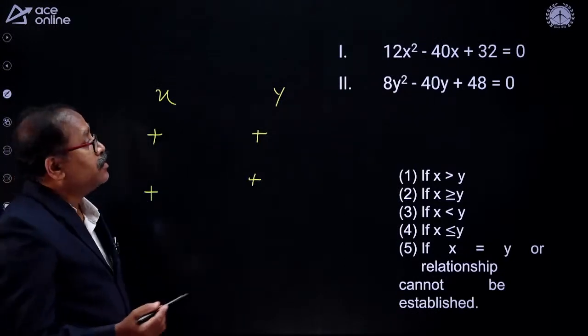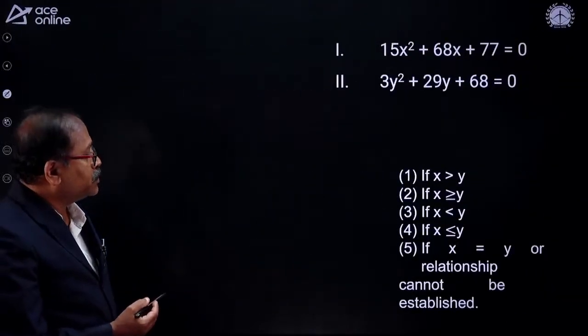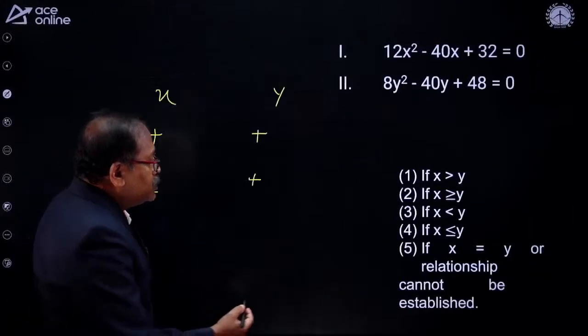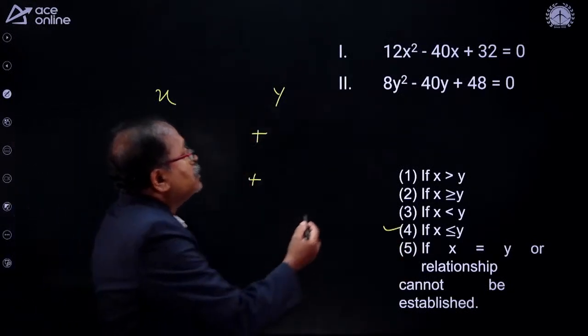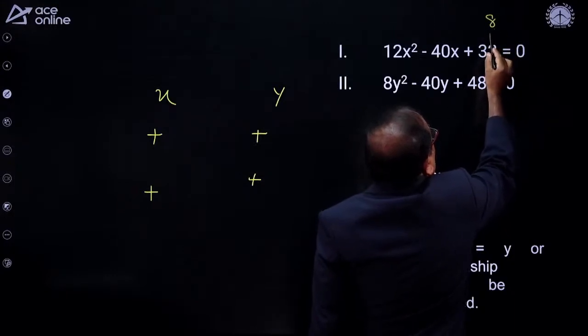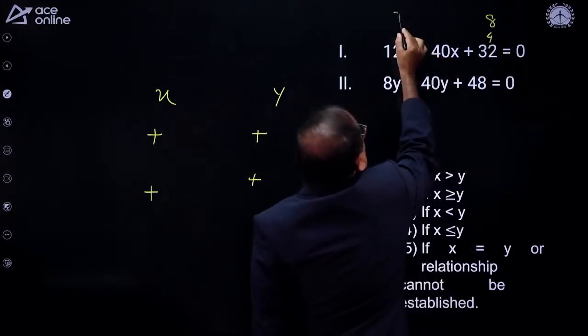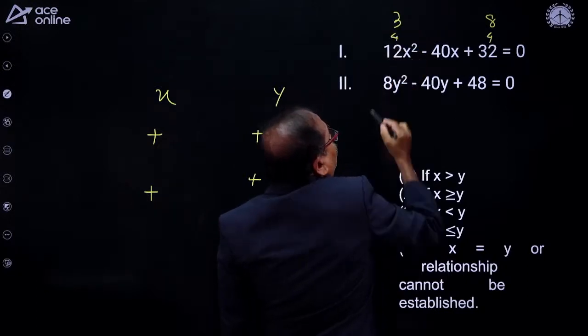Okay. Then you have answered the question D. Let me check option D. That means you are talking about option 4. Okay, let's check what value we get over here. Can I write this 8 into 4? Can I write this as 3 into 4 is 12.